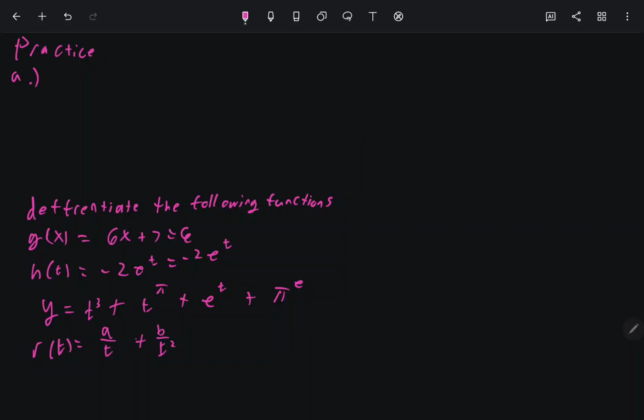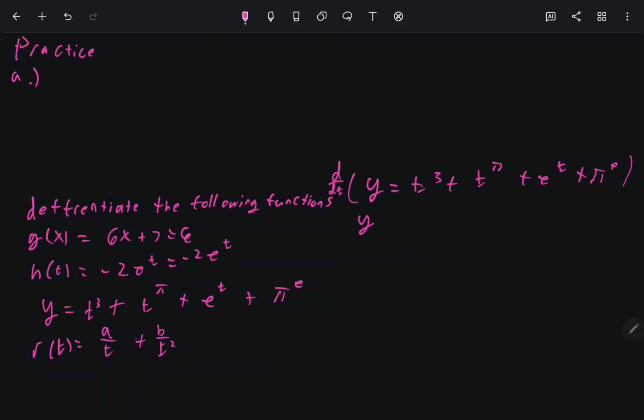Let's see. Y. So we're going to use our y prime notation. So y is equal to t cubed plus t to the power of pi plus e to the power of t plus pi to the power of e. Alright, let's start this. So take the derivative with respect to t.